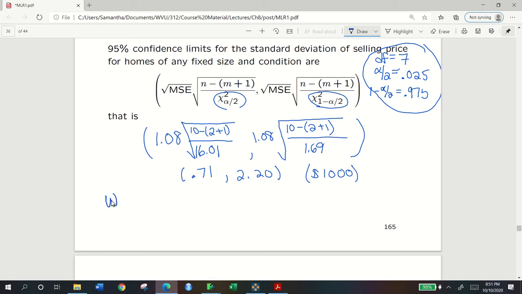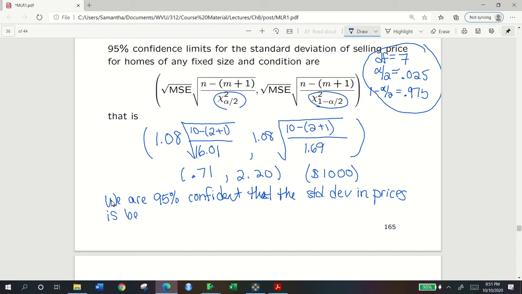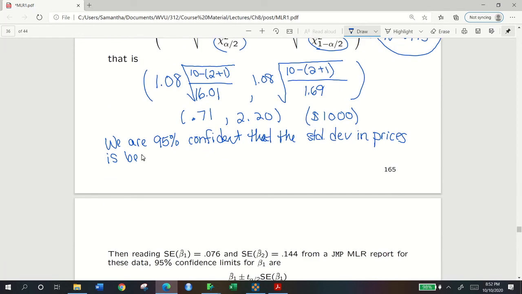And so we can now make our proper interpretation and say that we are 95% confident that the standard deviation in prices is between $710 and $2,200 at a fixed size and condition.